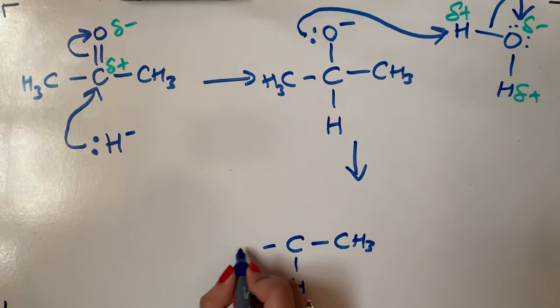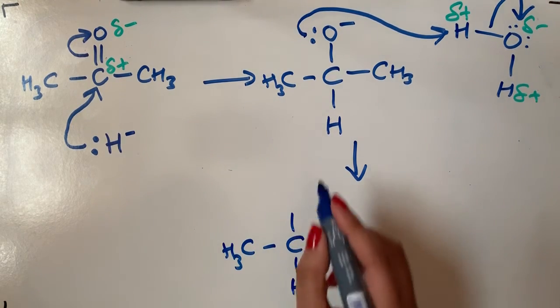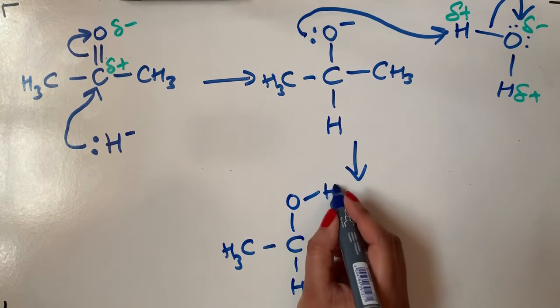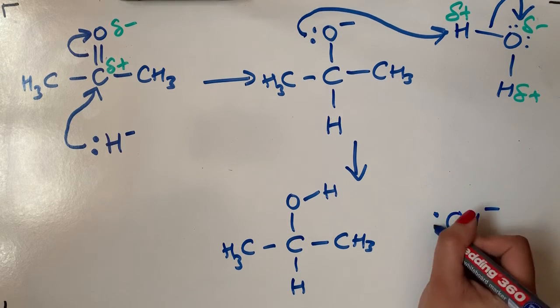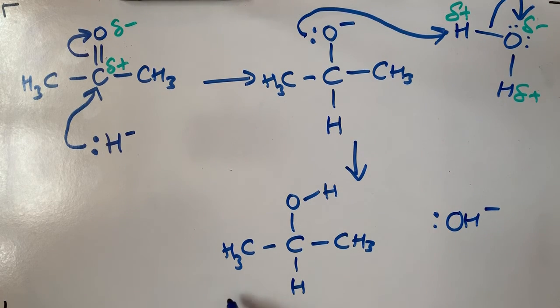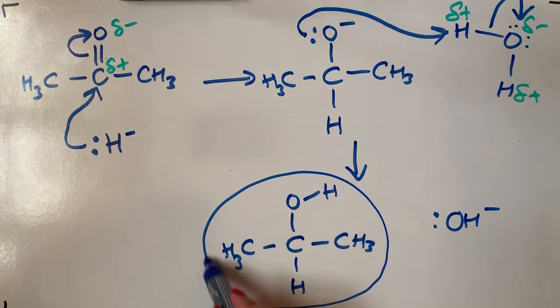Carbon-hydrogen bond there, methyl still there. We now have a protonated oxygen there. The bond formed between the oxygen and the hydrogen, and we've got the OH minus there, like so. And over here, as you can see, we have formed our secondary alcohol. And that is the mechanism for this reaction.